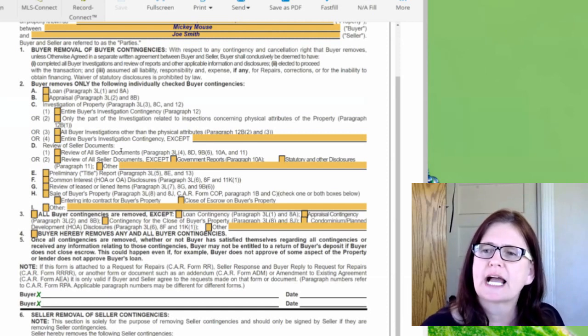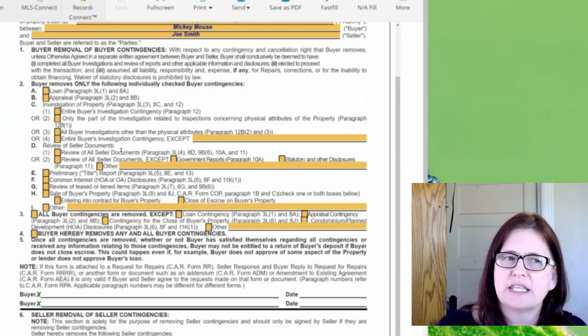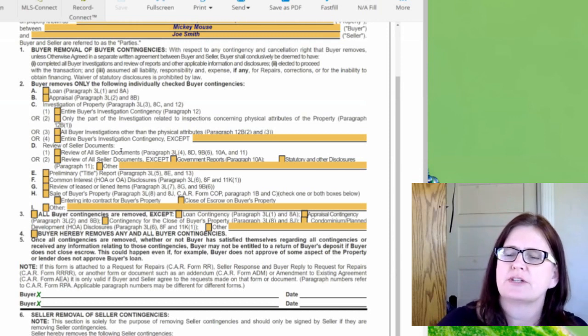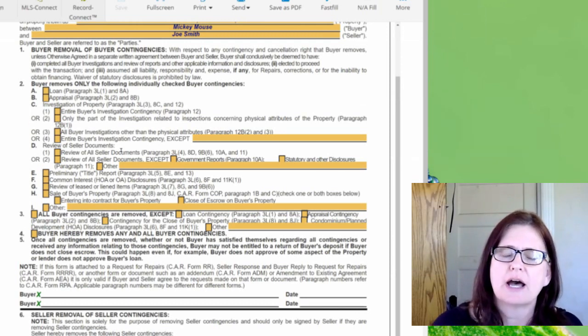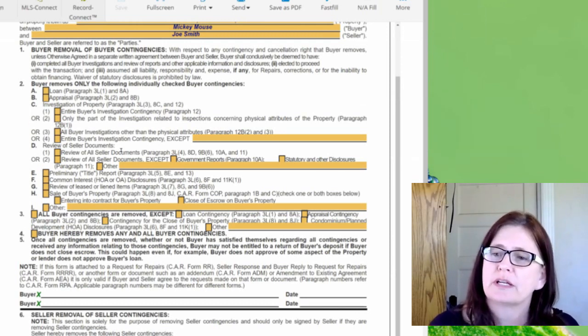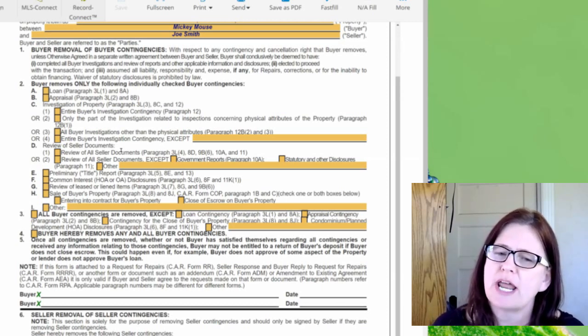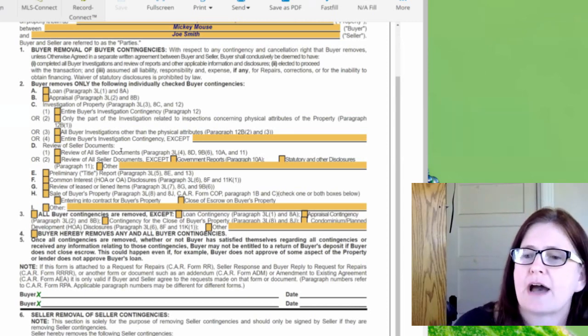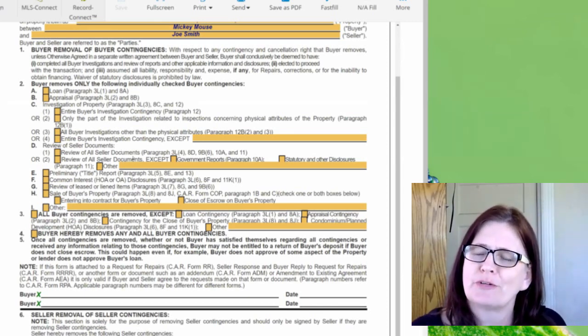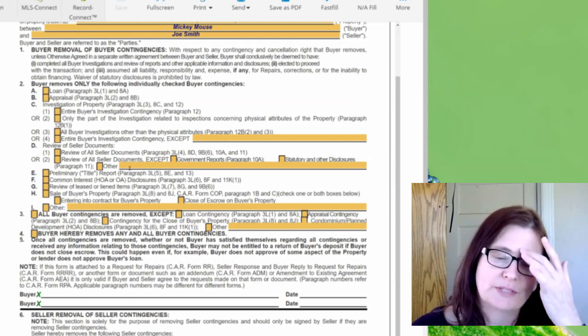There are many transactions I have done where the contingencies were never removed the entire length of the transaction, and as a buyer's agent, that's an ideal situation to be in. So never offer it up if you don't have to. But when you do the request for repairs, it kind of automatically puts it out there.